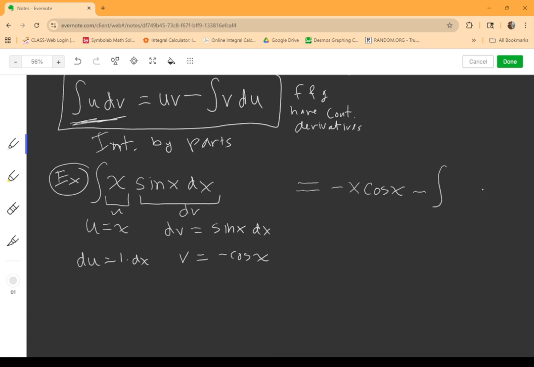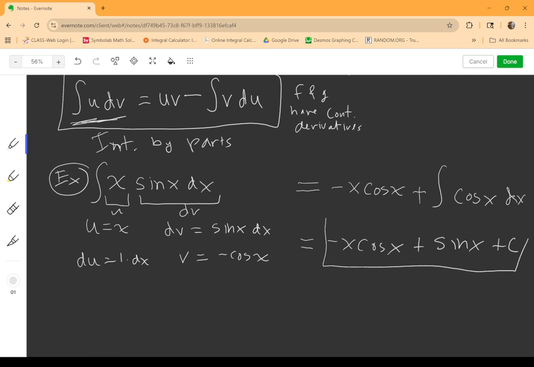V is a negative, so negative and a negative, let's just get that out of the way, is plus cosine of x, and then du is just dx. Now notice that we're not done integrating. There's still one more integral there, but it's a basic integral. So we get negative x cosine x plus sine of x, and then of course plus c there. And now we are done here.